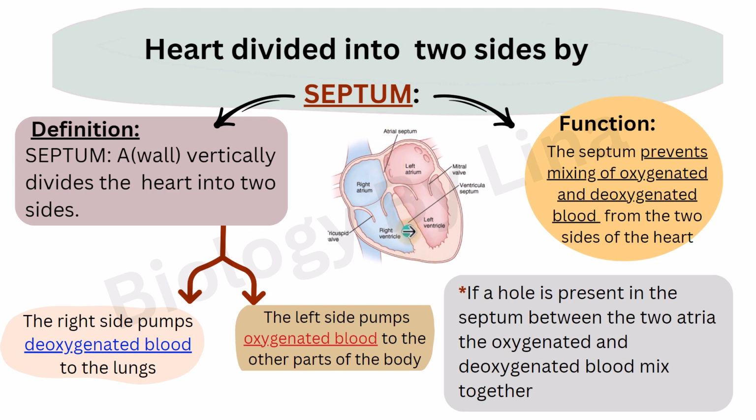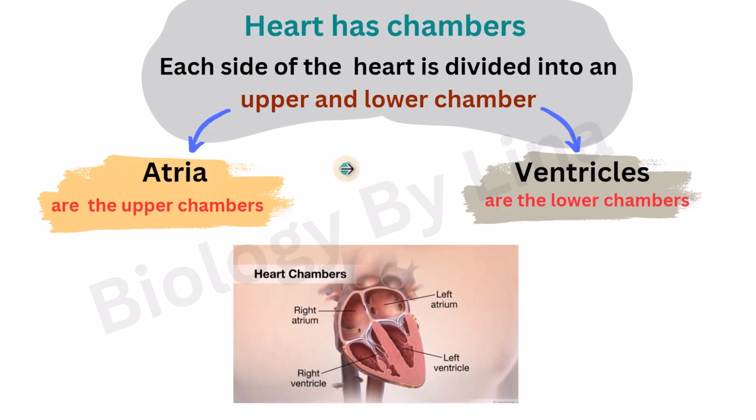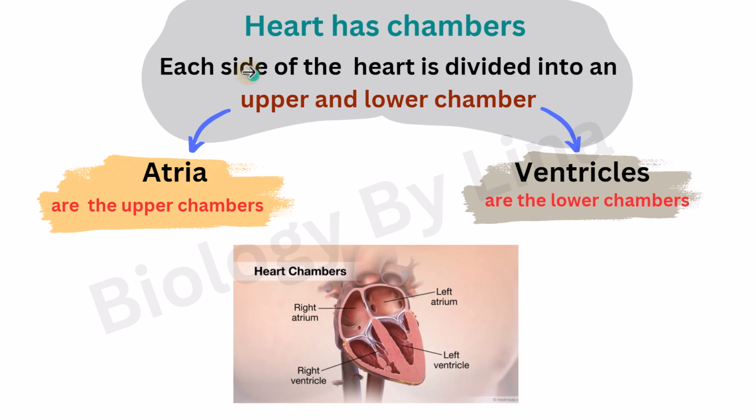So if a hole is present in the septum between the two atria, especially because the septum here is thinner than the septum between the ventricles, the oxygenated and deoxygenated blood will mix together. Now, the heart also has chambers, and each side of the heart is divided into an upper and lower chamber.